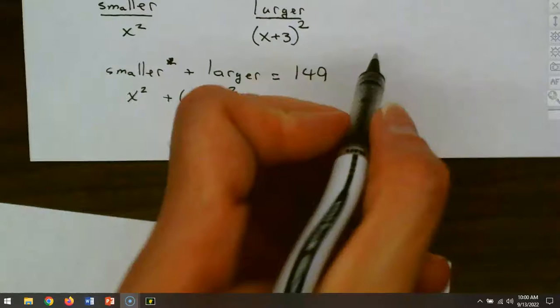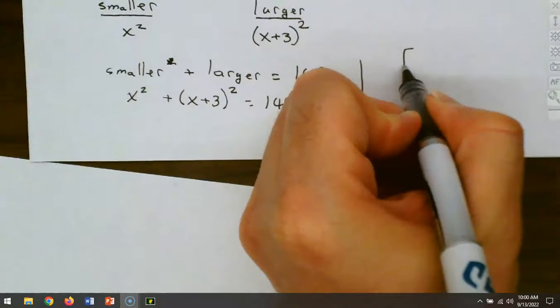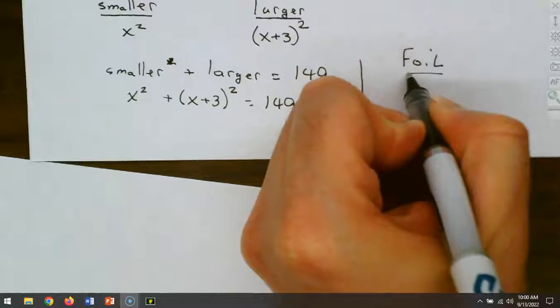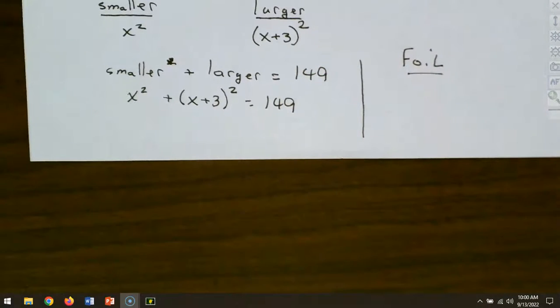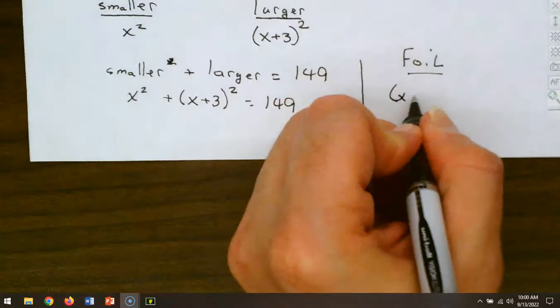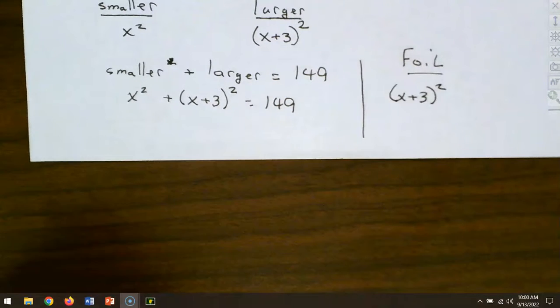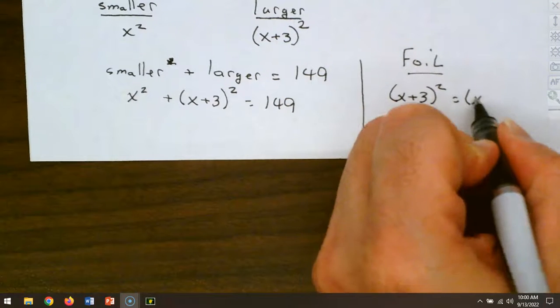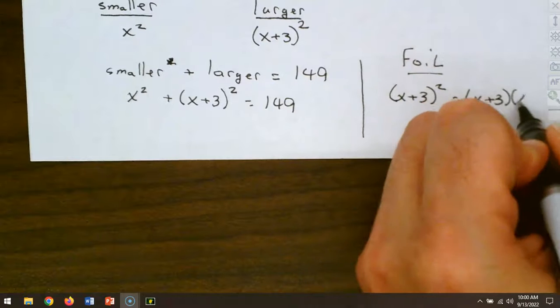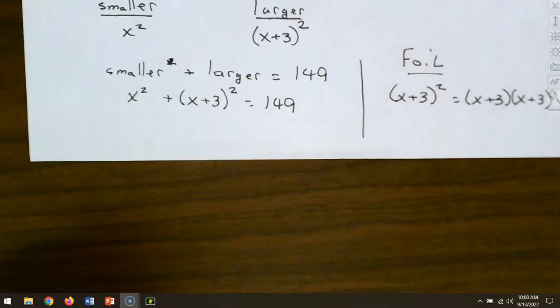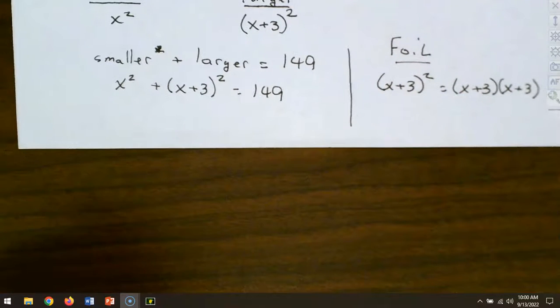So what I'm going to do is go ahead and FOIL, and we're going to work with this x plus 3 quantity squared. We're going to write it out and FOIL.